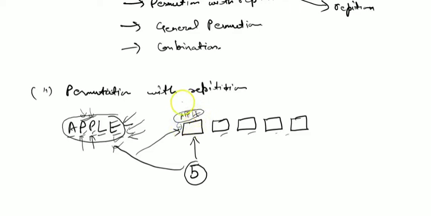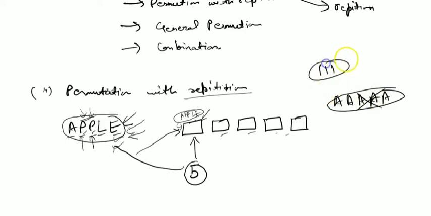But remember that because this is a case of limited repetition, you cannot repeat the alphabet that has already been filled in slot 1. So for example, a word like A, A, this is not applicable. In the previous example, you saw that it was applicable because it was a blank case of repetition. But in this case, it's not allowed.